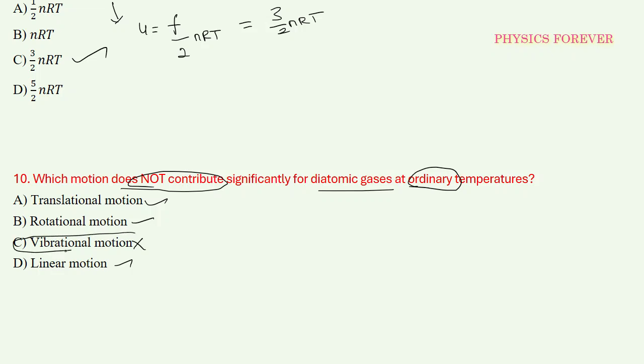Then C does not contribute for diatomic gases. The remaining contribute for diatomic gases. What are they? Translation, rotational and linear motion. Okay, most important one.